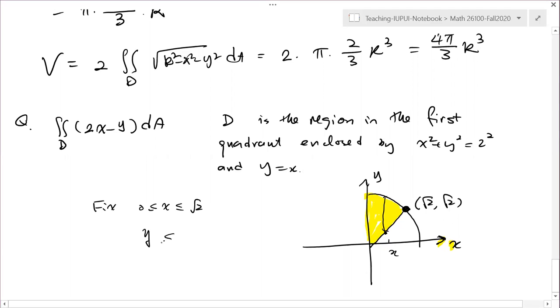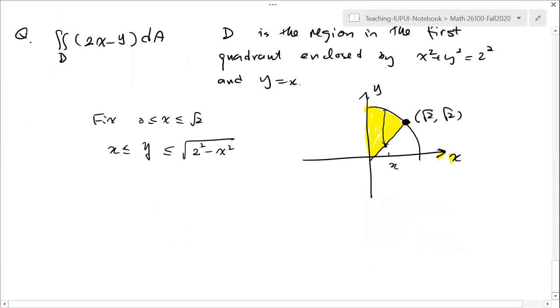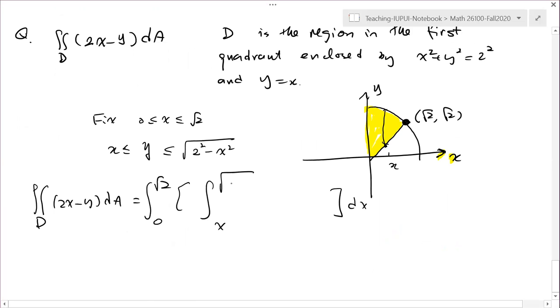The top side is going to be the square root of 2 squared minus x squared, and the bottom part is just x. So the iterative integral will be: we fix the x, so it's from 0 to square root 2, and y is from x to the square root of 2 squared minus x squared, of 2x minus y dy.